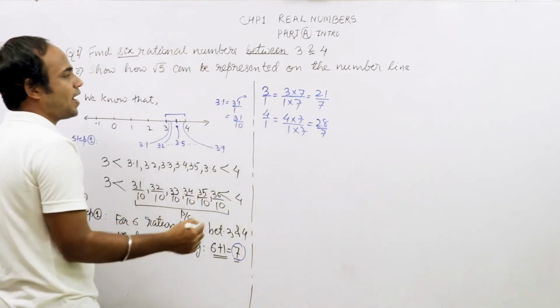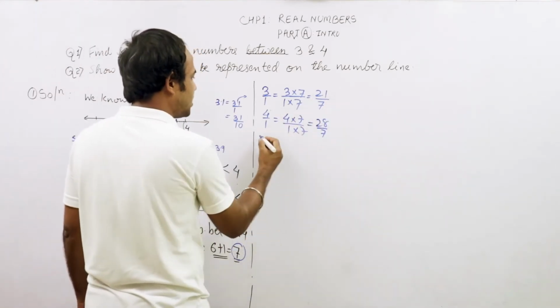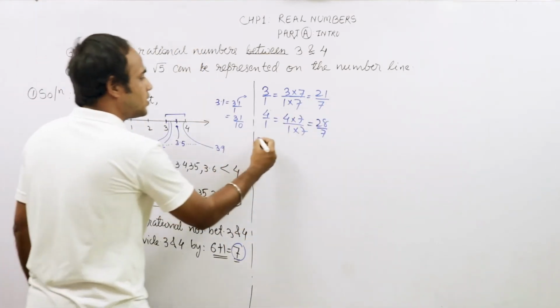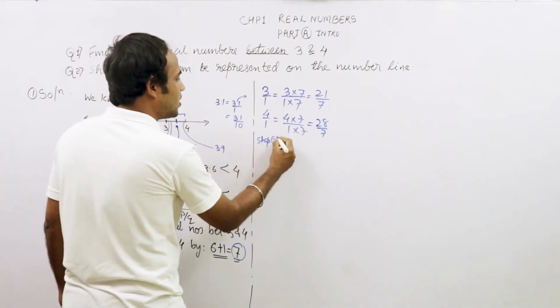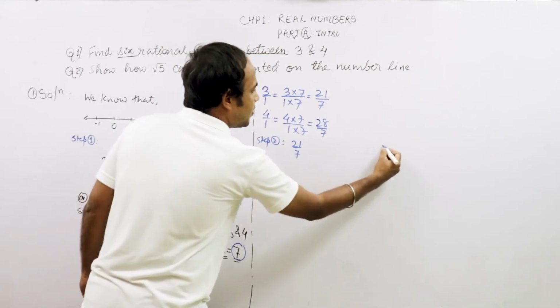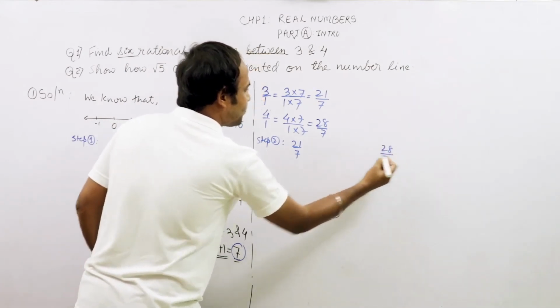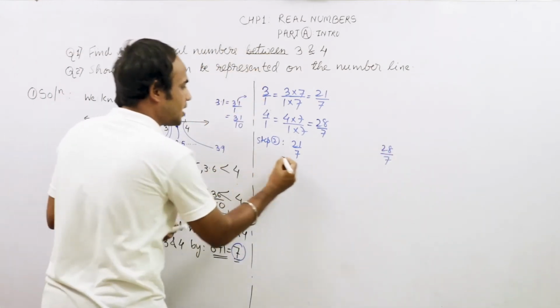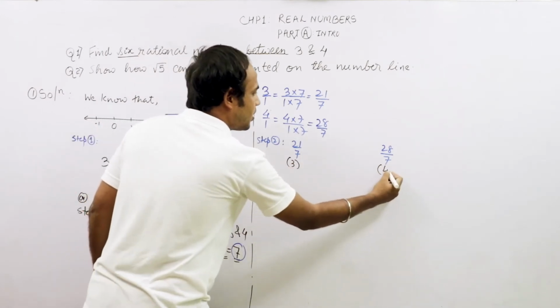Now you can easily find the numbers between them. So this is step 1. In step 2, we write 21 by 7, and here we write 28 by 7. Now 21 by 7 is nothing but 3, and this is nothing but 4.